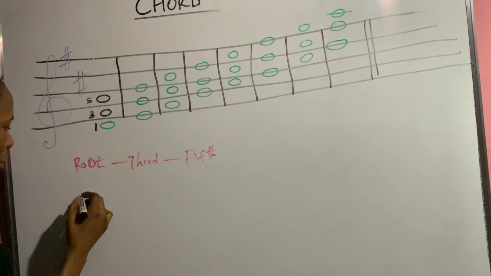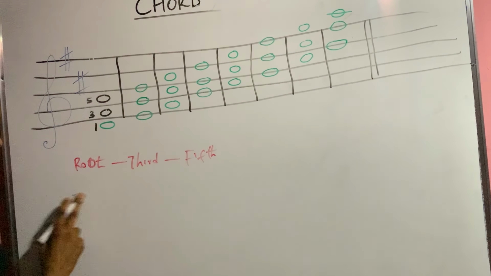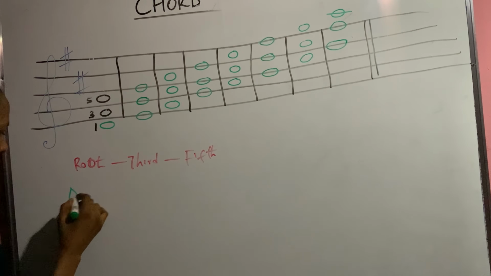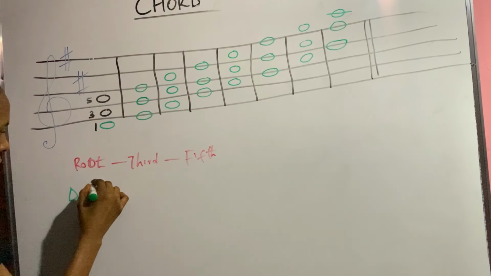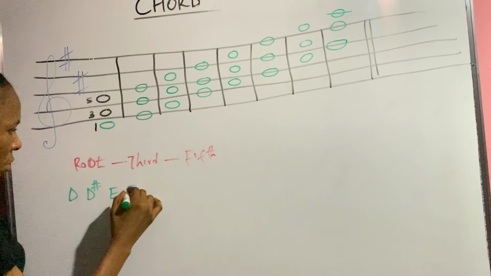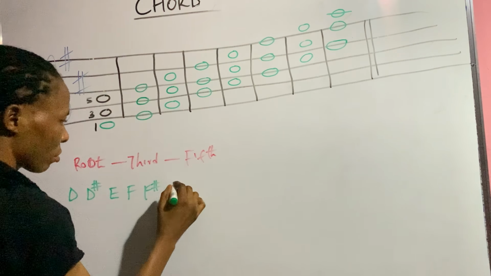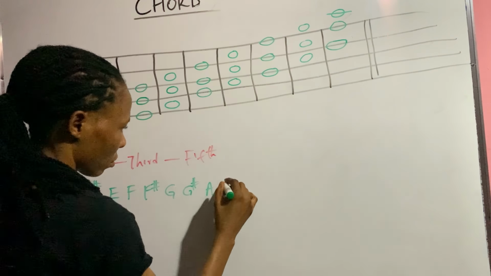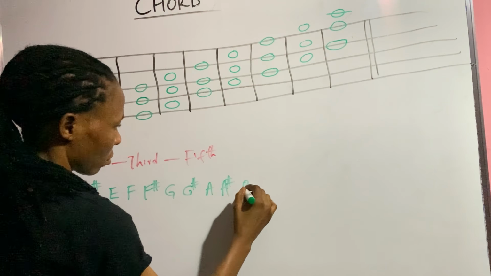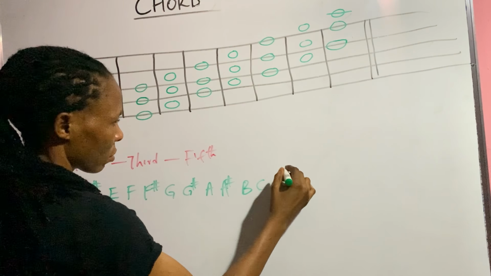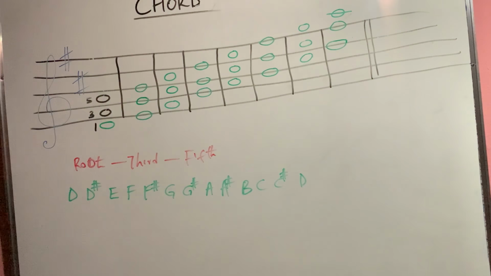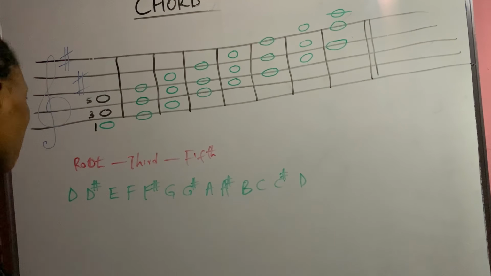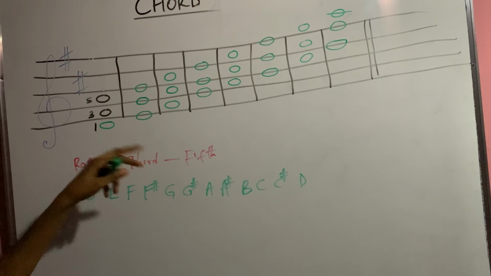So let's use the chromatic scale, which today will start on D. So D, F sharp, okay. All right, so this is the root, the third, and the fifth.